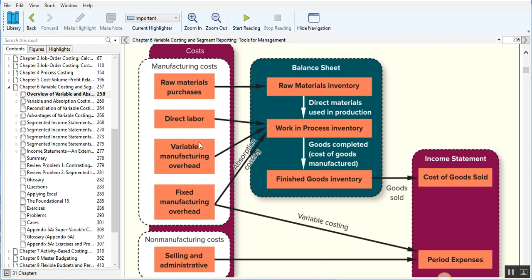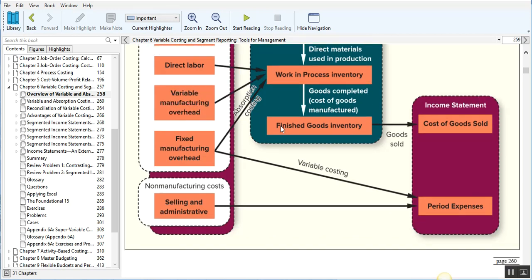The raw materials, direct labor, and variable overhead all go into work in process or raw materials inventory. But fixed manufacturing overhead, the way we've been doing it, we put over here in period costs along with selling and admin costs. Now, however, if we're using absorption, we're going to put fixed manufacturing overhead in work in process, and that will automatically feed into the cost of goods sold that we have.